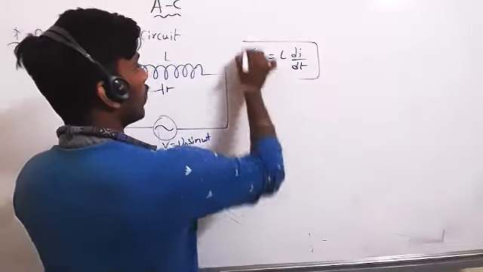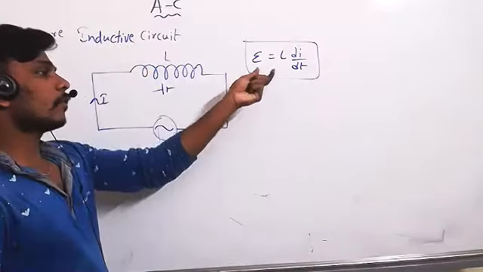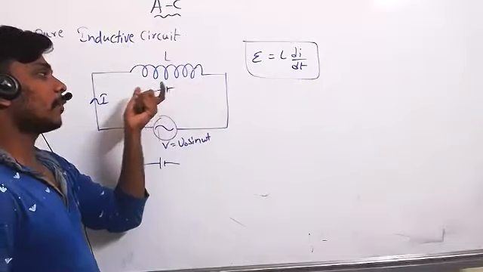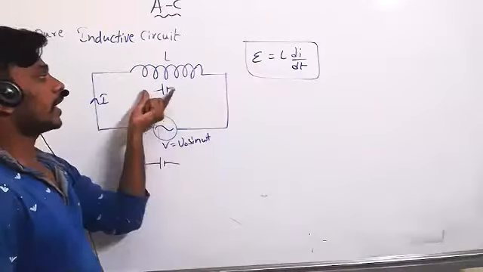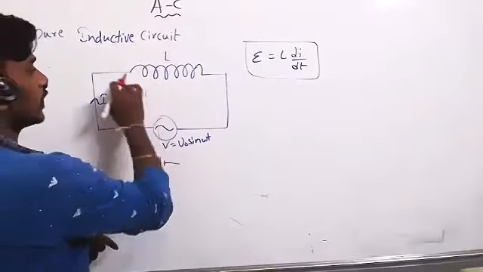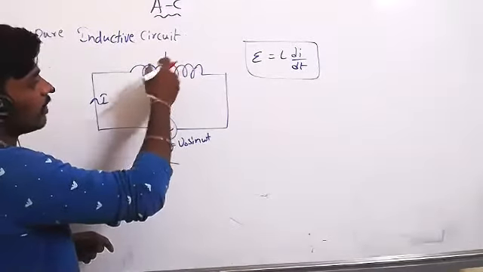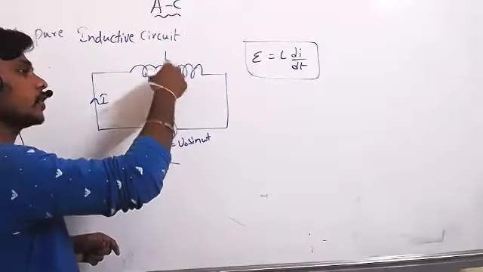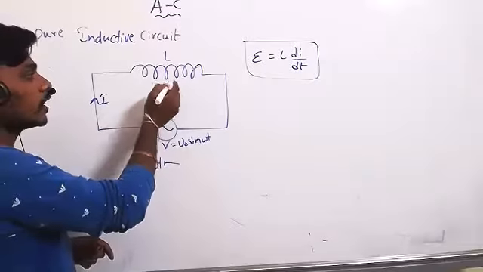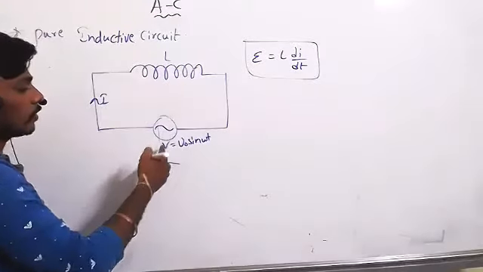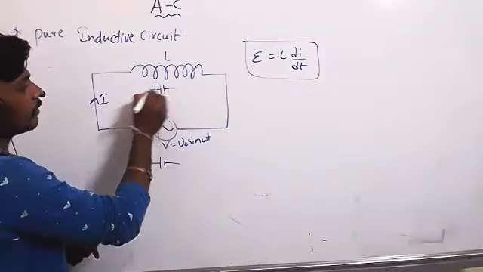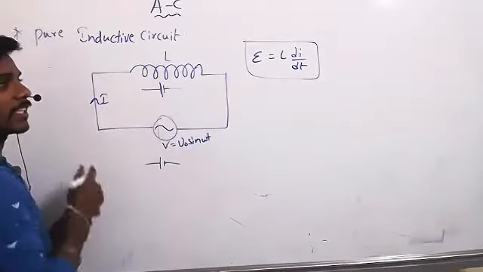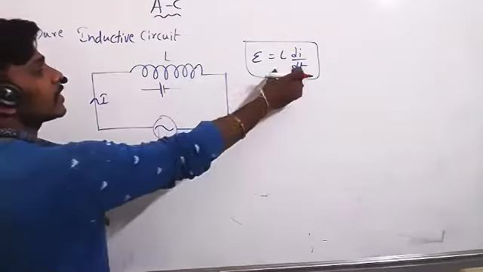So it is the voltage or potential in the inductor. Because when flux changes, induced EMF will develop. That induced EMF will oppose the original one. So the original voltage is in this direction, and the induced voltage will be in the opposite direction. So how much voltage? This much of voltage.